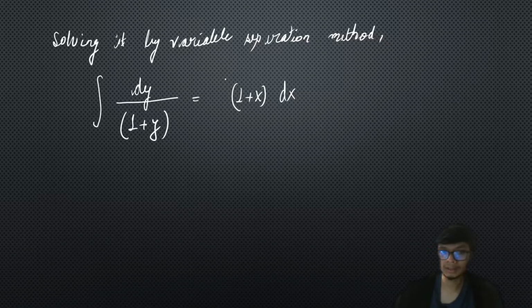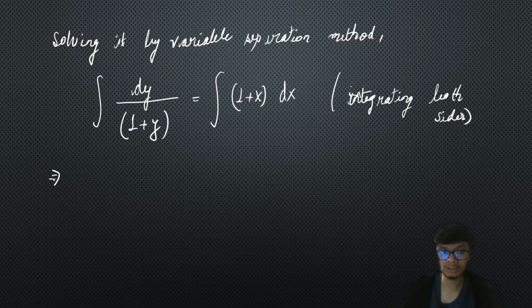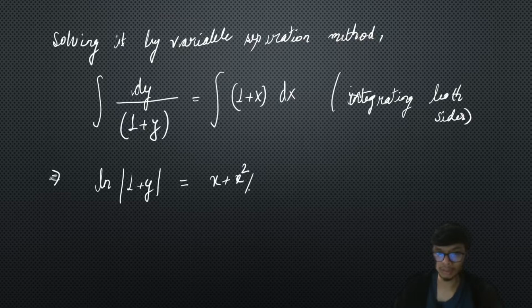Now if you integrate both the sides, integrating both the sides, we are going to get natural logarithm of 1 plus y is equal to x plus x square upon 2 plus some constant, right?